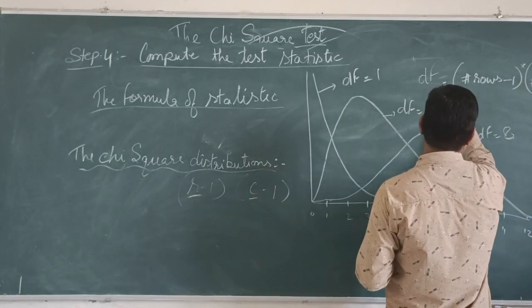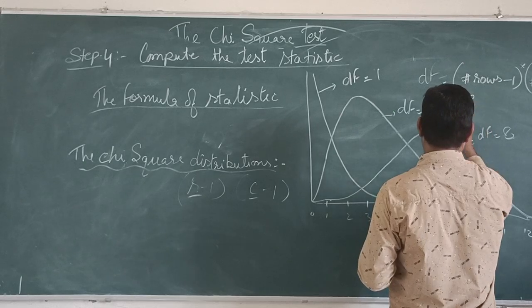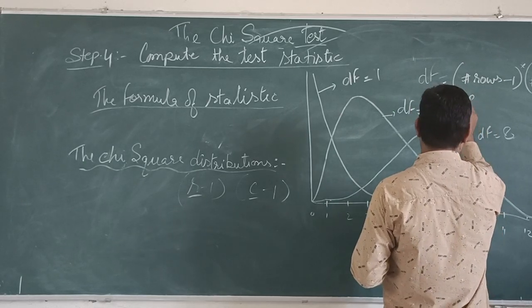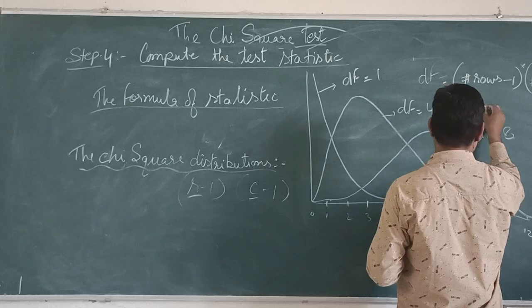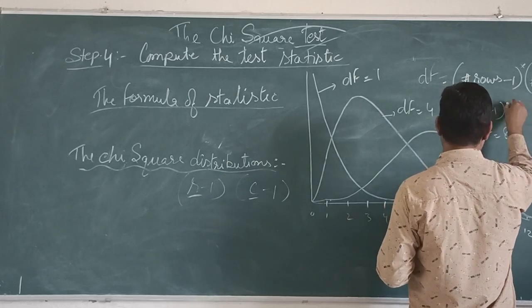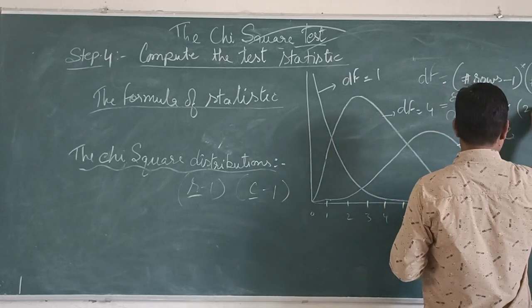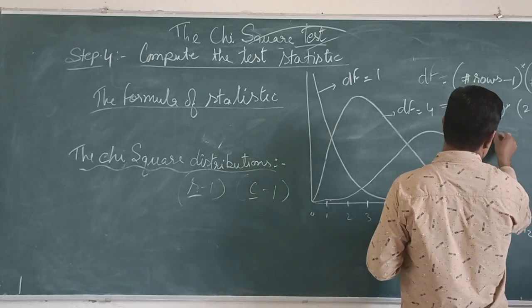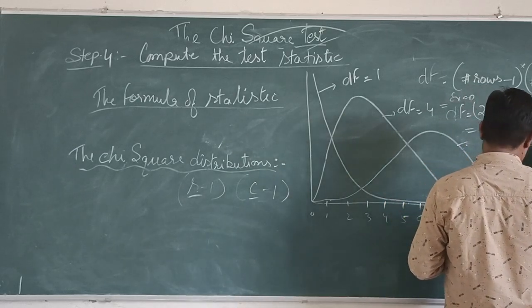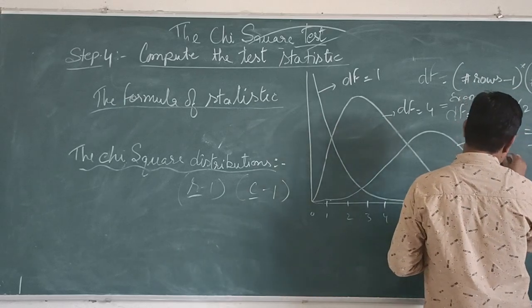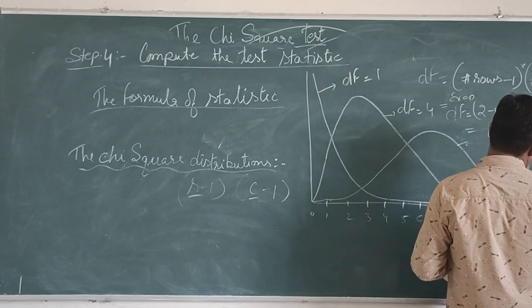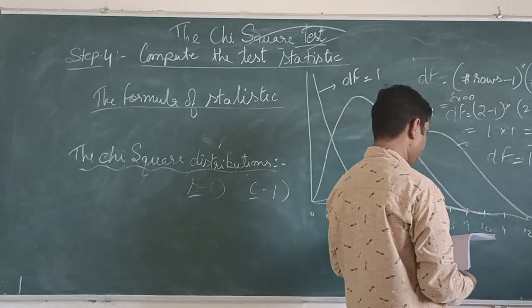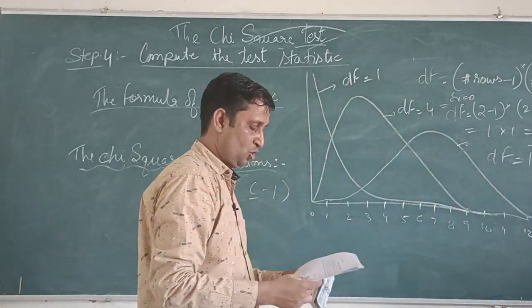If we take an example, df is equal to 2 minus 1, 2 minus 1, which means 1 times 1 is equal to 1. So we can say the df value is 1.